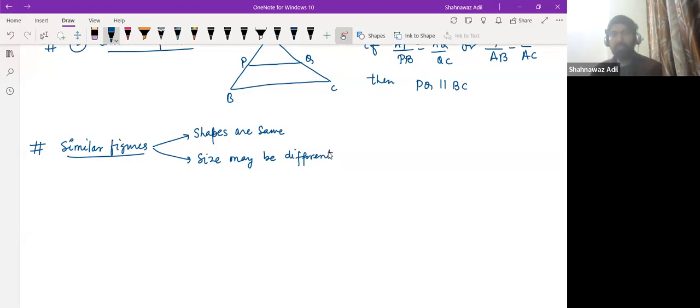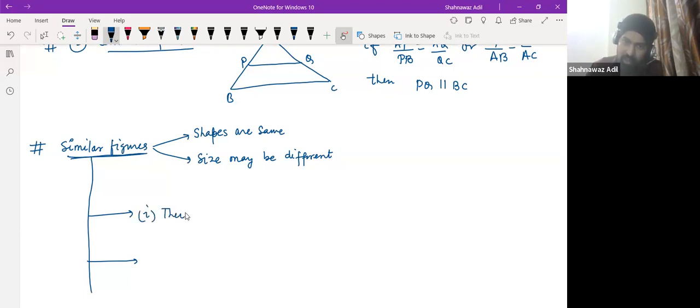So these are the two peculiar properties of similar figures, and there are also two relations as well. If you have two similar figures, then their corresponding angles are equal.